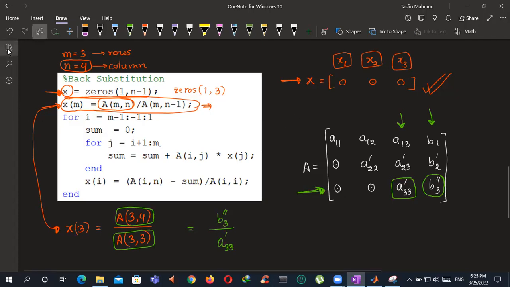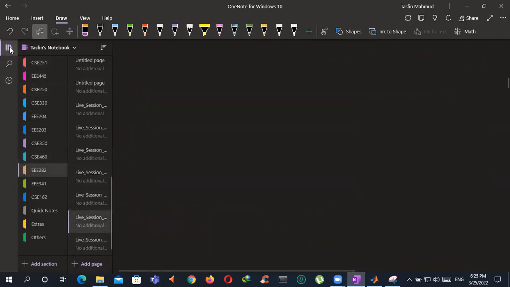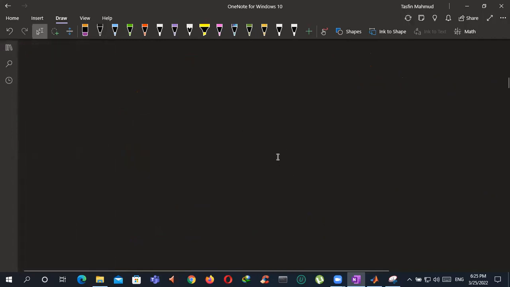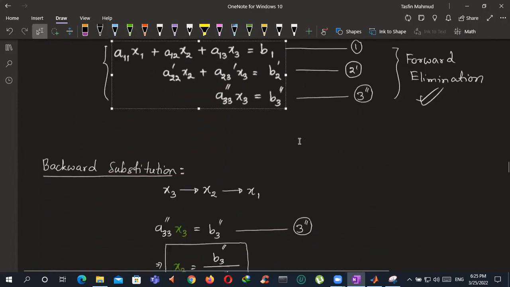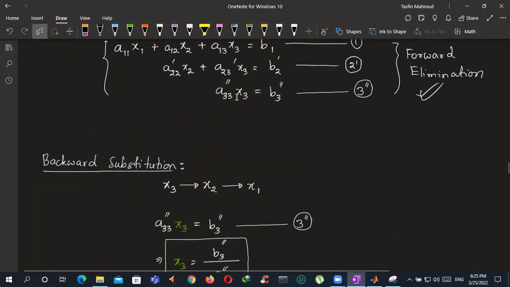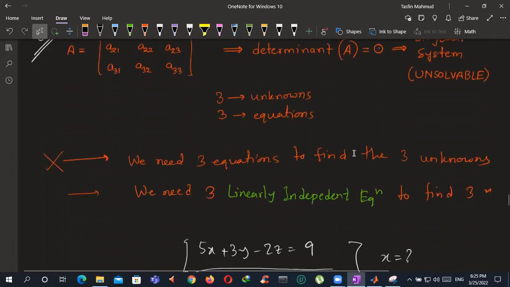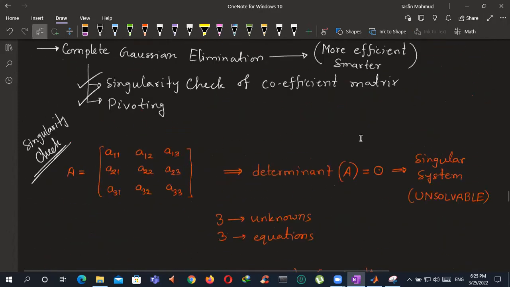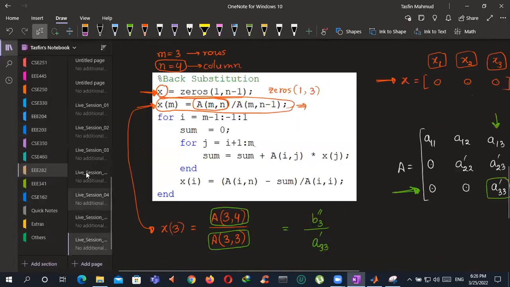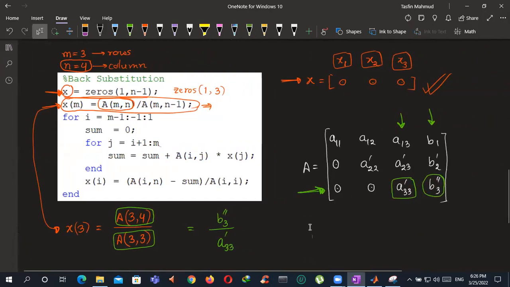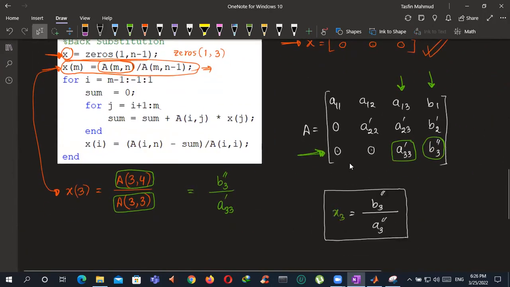If you can recall, the value of x3 was exactly this: B3 double prime divided by A33 double prime. By the way, it should be A33 double prime.